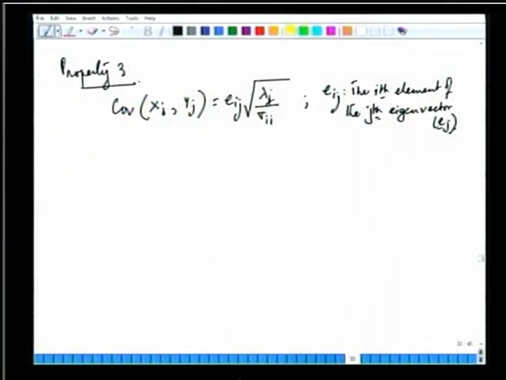So this is lambda j, the variance of yj. This is sigma ii, the variance of xi, and eij is the ith element of the jth eigenvector Ej, coming from that eigenvector.